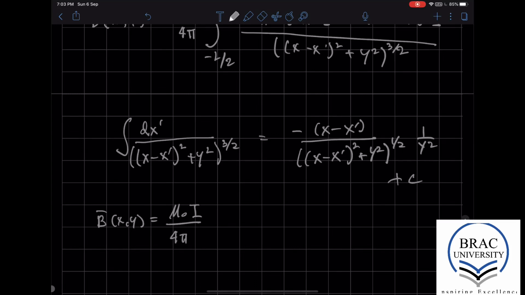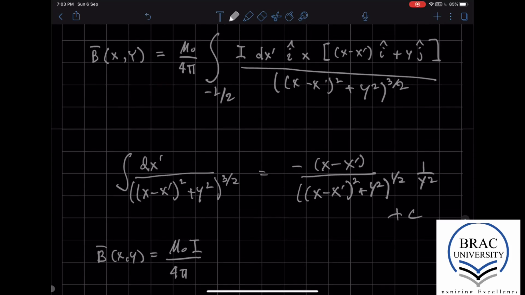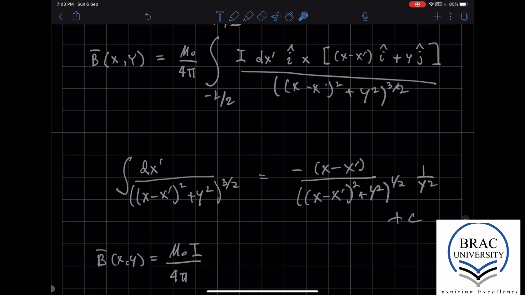4 pi, and then there's a y in the numerator, and after the integral there will be a 1 over y squared, so these two will cancel to give me 1 over y. Then we can factor out this minus sign, so there is a minus over here.